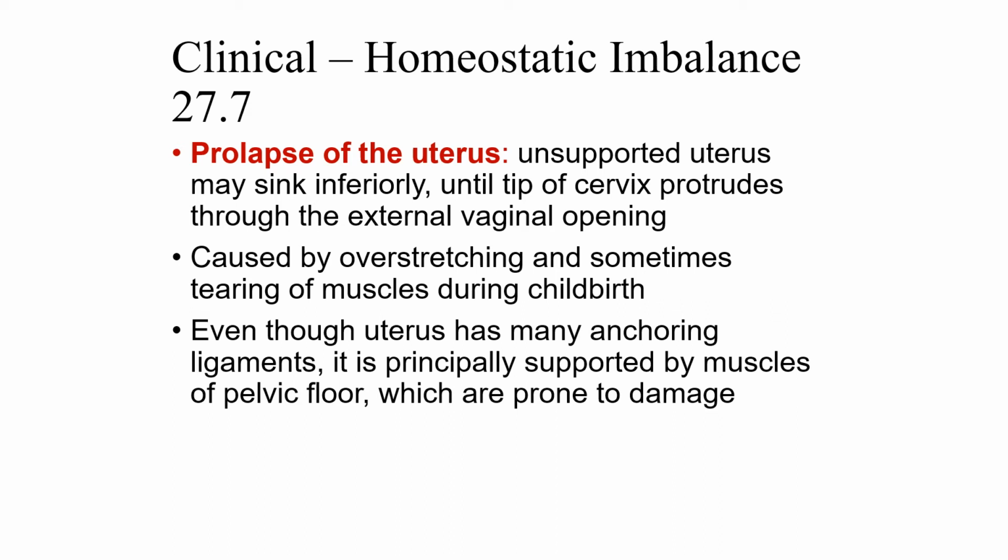Some other problems that can happen: prolapse of the uterus, and basically what happens is that the muscles and the ligaments get stretched and torn during childbirth, during pregnancies, especially with women who have had multiple pregnancies, and by multiple I mean 4 or more. And the uterus will fall through the opening of the vagina.